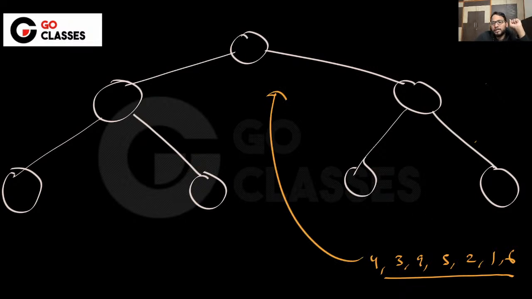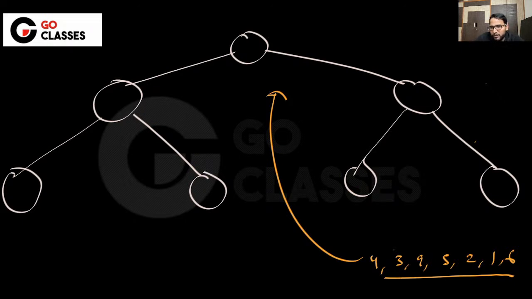Then you will say okay, I can do it, but there is a lot of effort that you need to do, right? The structure is given to you and you want to fill this binary search tree with these numbers such that ultimately it is holding the property of a binary search tree.